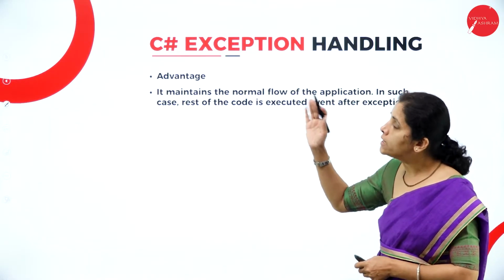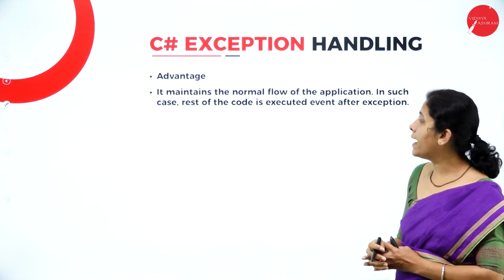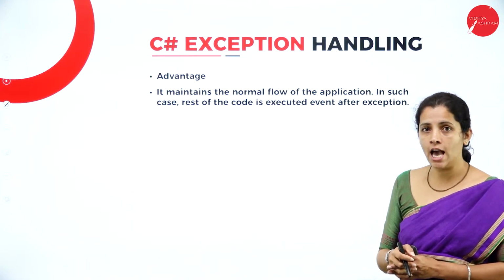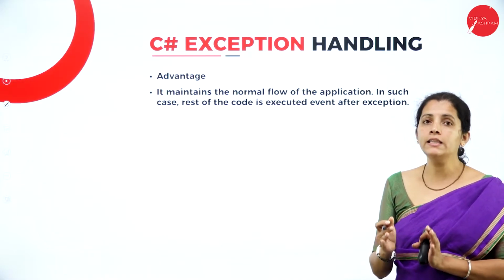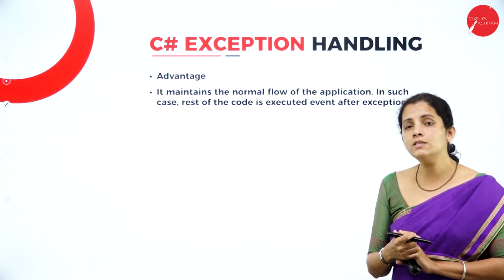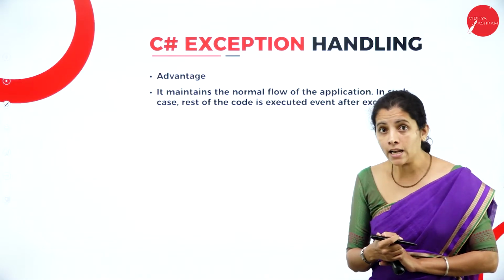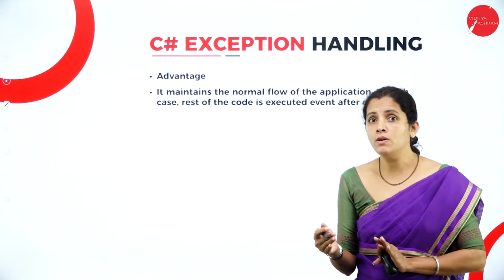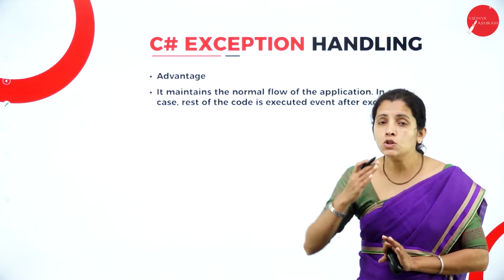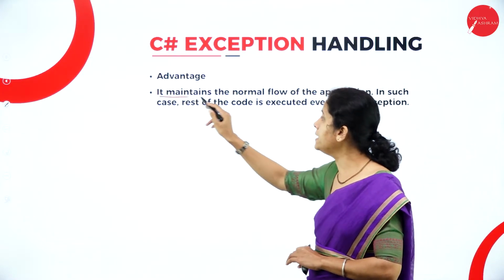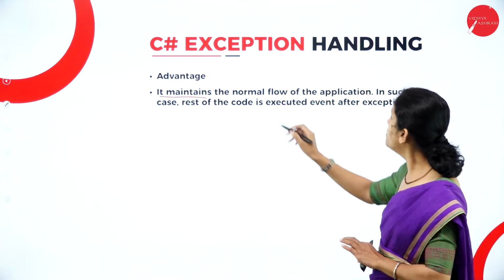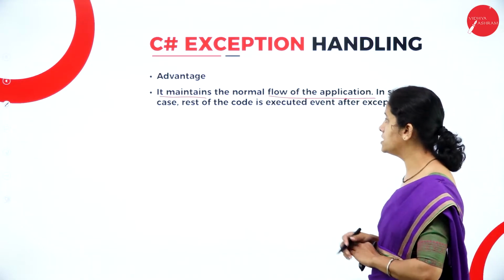Now, what is the advantage of exception handling in C#? So dear student, if we handle the exceptions or errors properly, then we can control the normal flow of execution. So it maintains the normal flow of the execution.